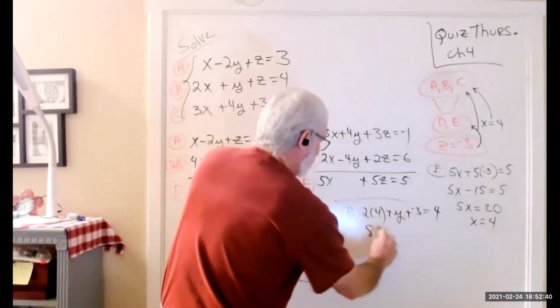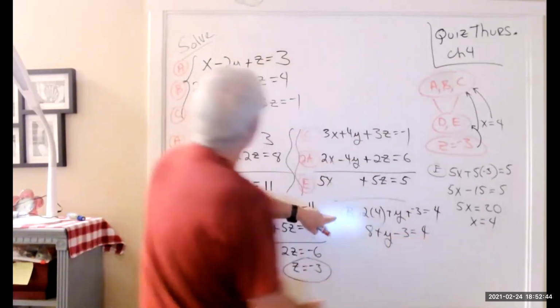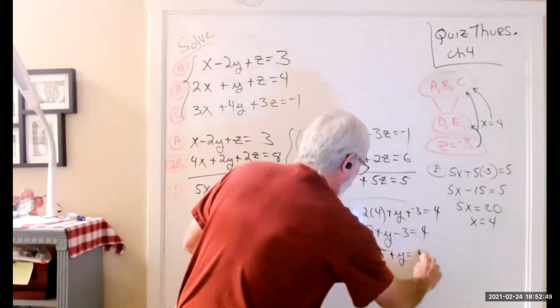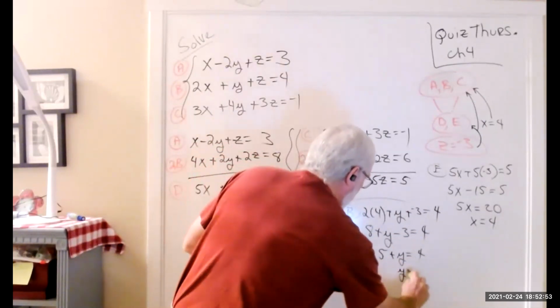So this is 8 plus y minus 3 equals 4. So this is 5 plus y equals 4. 8 take away 3 is 5. Take away 5 is y is -1.